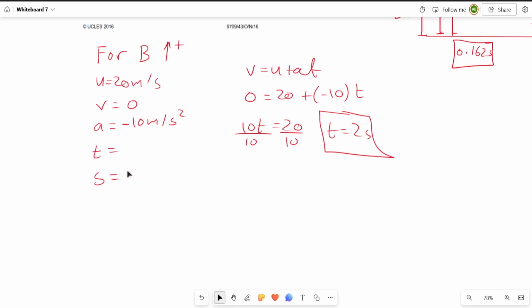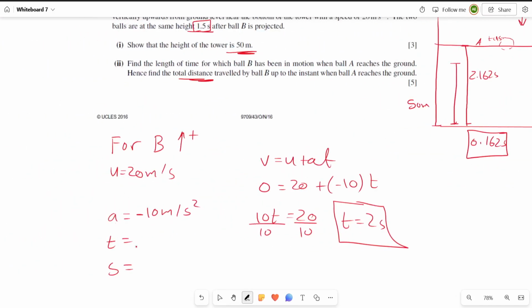Now, I don't have my v. I want to know when the time that has passed for B is 2.162 seconds. That is when A hit the ground. Where is B? What's the displacement of B?